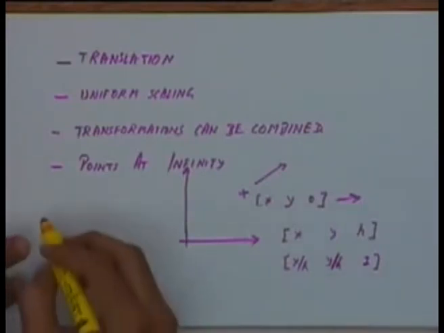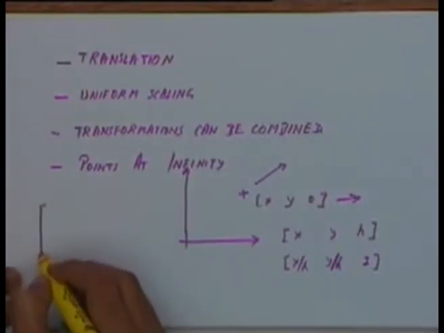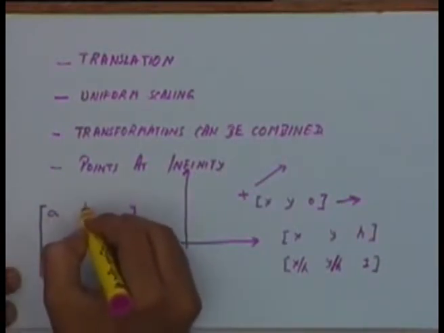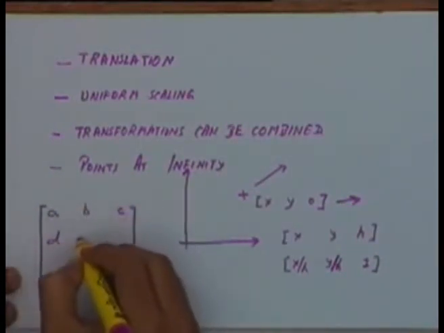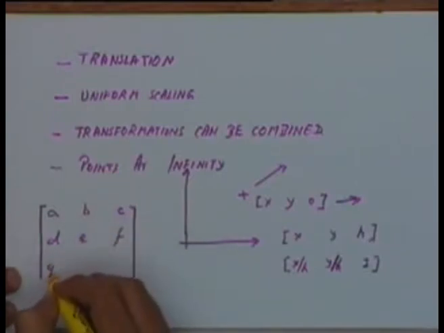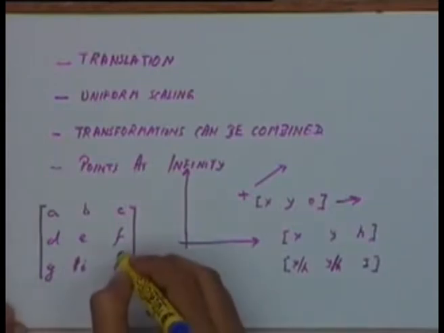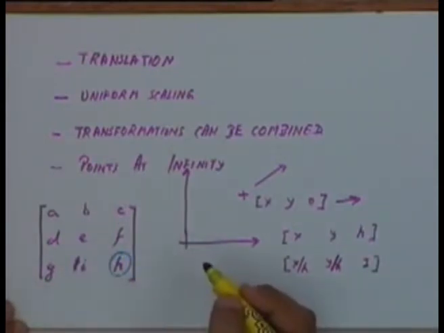Okay. Now in the homogeneous transformation matrix, we've got 9 terms. I'll just write them as A, B, C. Of these 9, we've seen that this is the homogeneous coordinate.